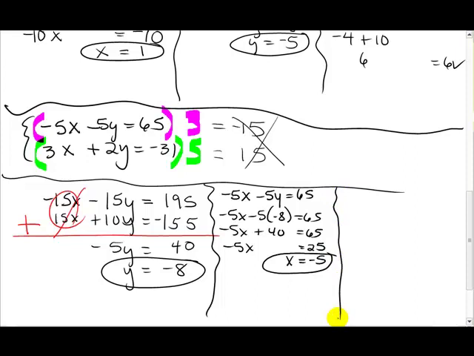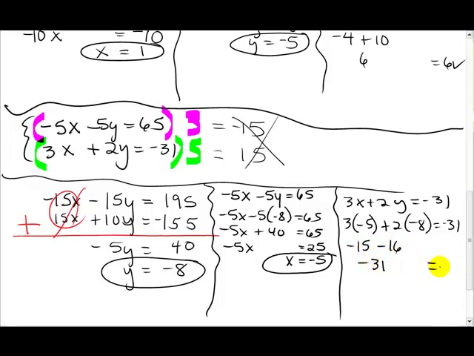So now we want to check it. Three times x is negative 5, plus 2 times y. Y is negative 8. It's negative 15 minus 16. That's negative 31. That's what we have over here. Alright, so it works out.